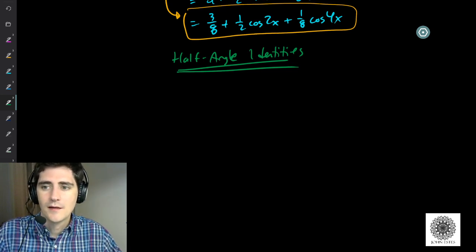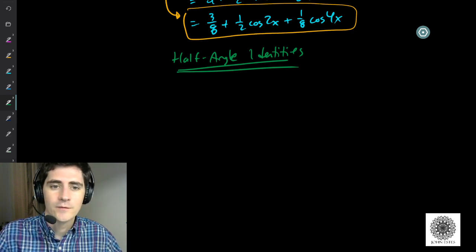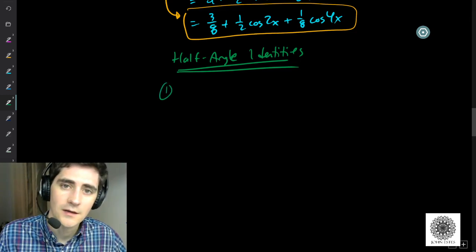Alright, so one way we could do this, or the way we get these, is from the reduction formulas. Let me just write them out, and then we'll see if we can kind of explain them.